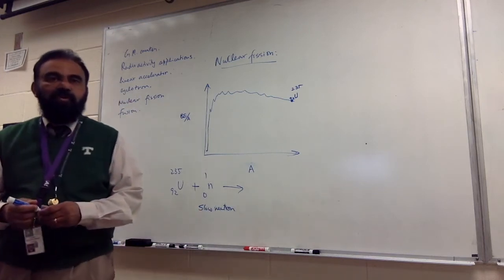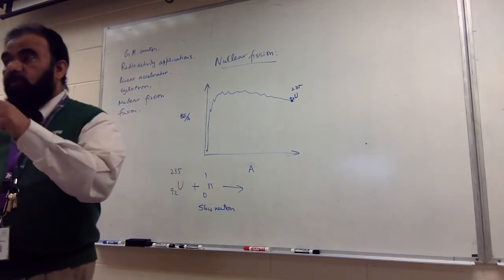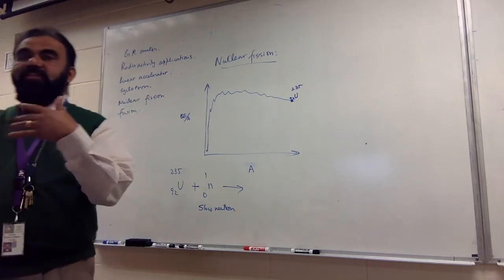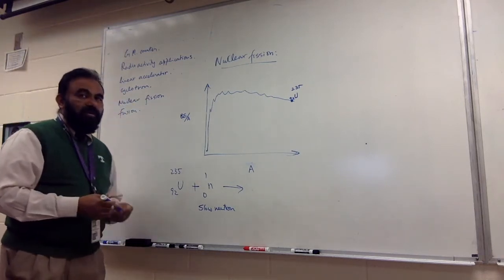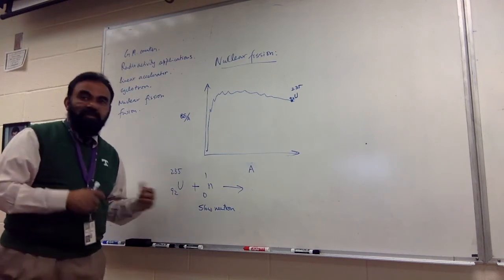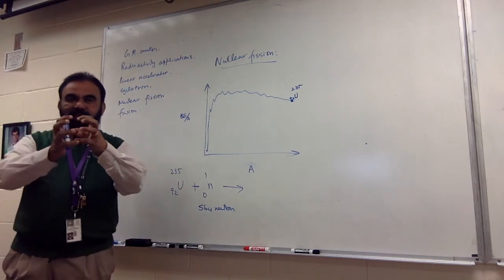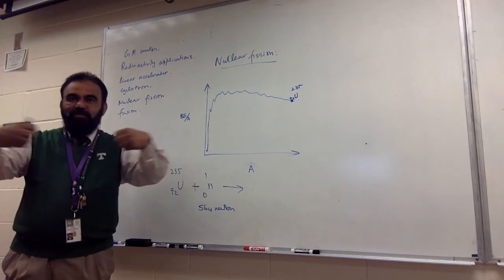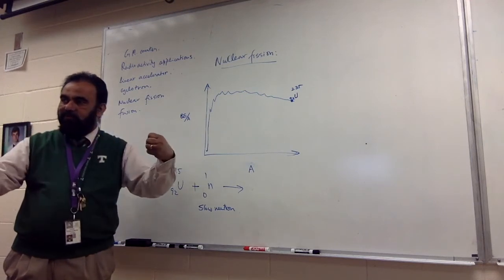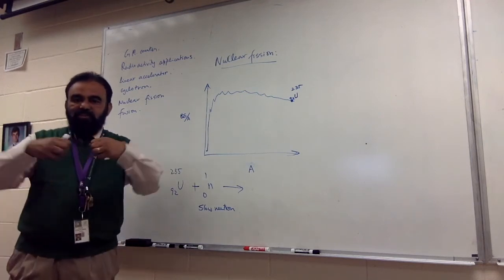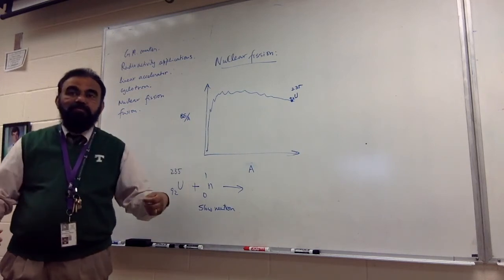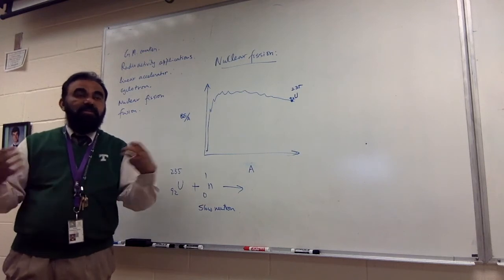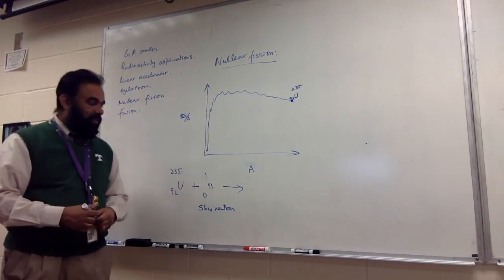A slow neutron causes oscillations in the uranium, and because of the oscillations, it actually kind of splits up into two. Like it changes into a dumbbell shape, and then after that it snaps into two. Now when it snaps into two, the two need not be exactly equal proportions.